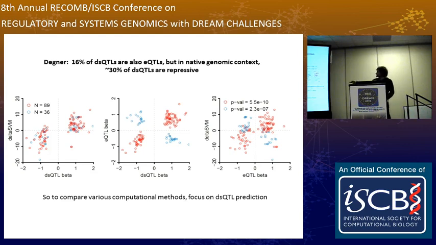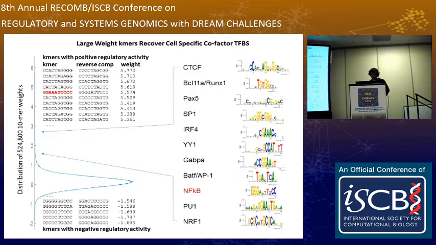But about 1/3 of the eQTLs are anti-correlated with the DSQTL beta, which means that the region becomes more open, but the gene associated with that region goes down in expression, right? So we only get a positive correlation between delta SVM and eQTL beta if we separately consider those 2 classes. So instead of testing different methods on expression, I'm going to use DSQTL as the test case.